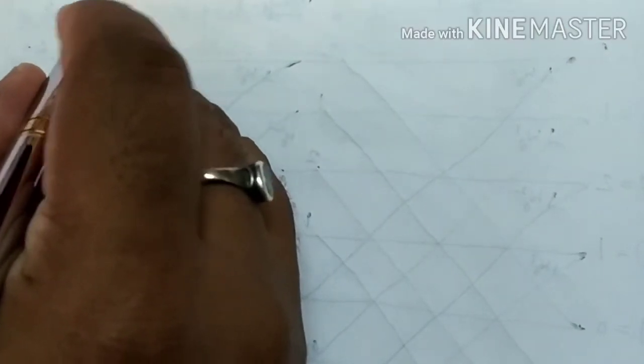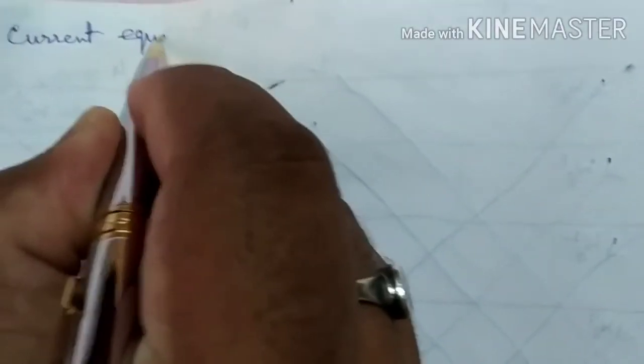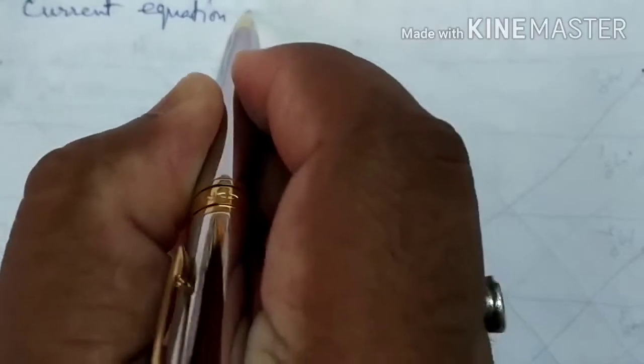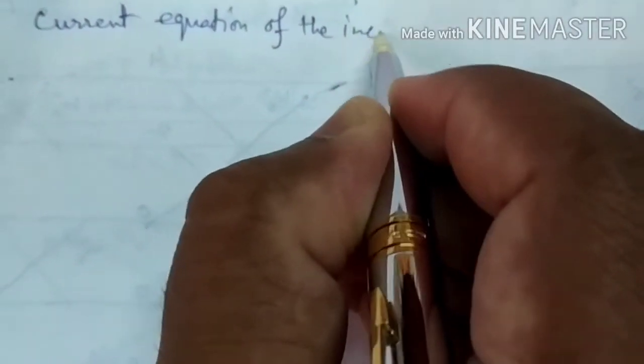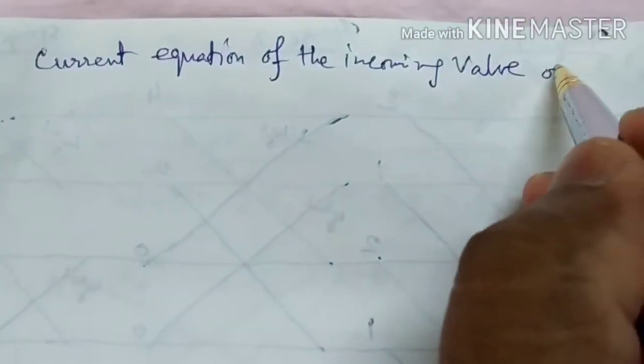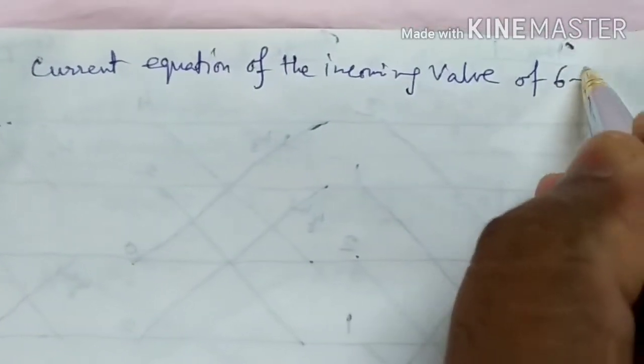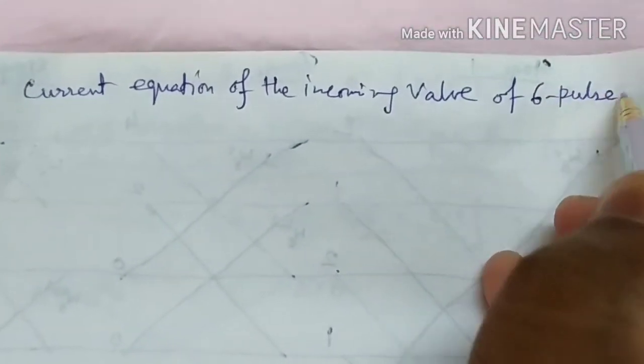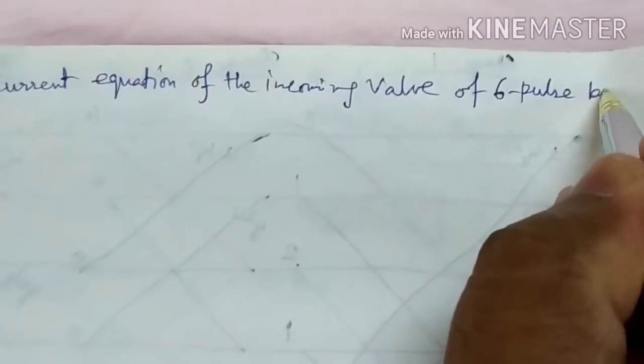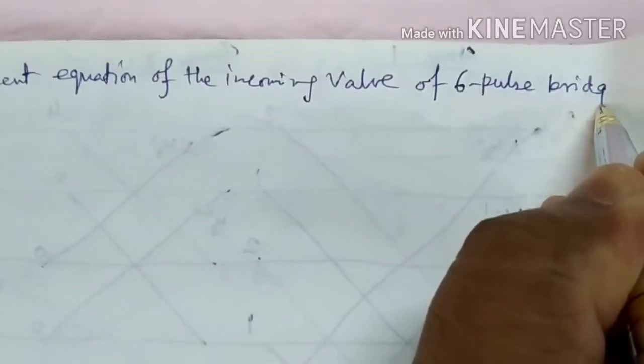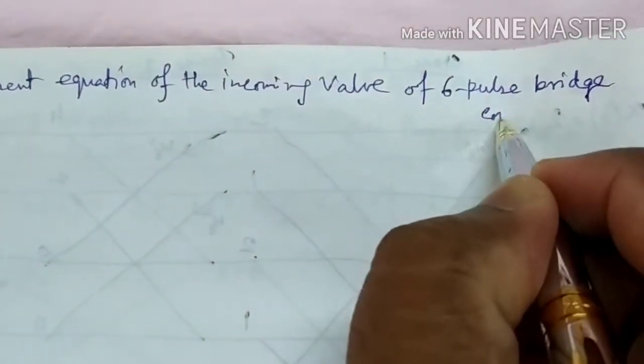Today my new topic is the current equation of the incoming valve of a 6 pulse bridge converter.